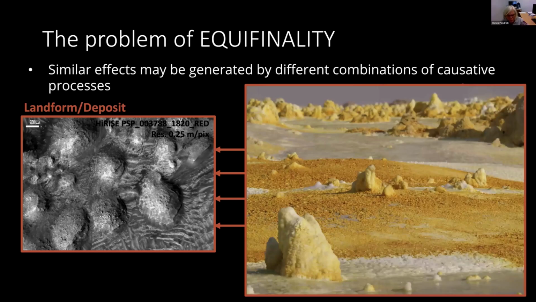And I'm not even mentioning all the volcanic or volcano-sedimentary processes that might originate similar landforms. This is not an academic exercise, because all of these interpretations have been proposed in different parts of Mars based on solid observations. So this is a problem.